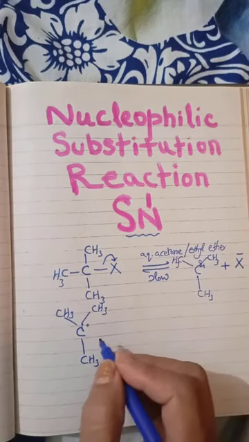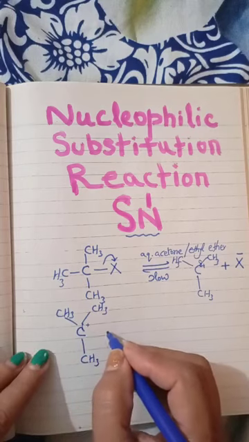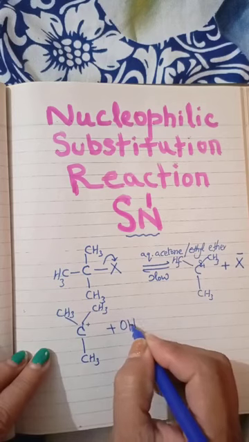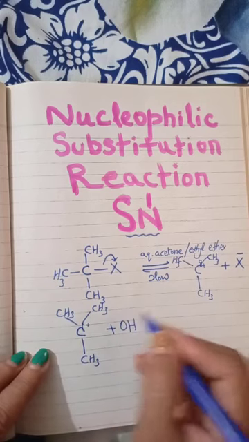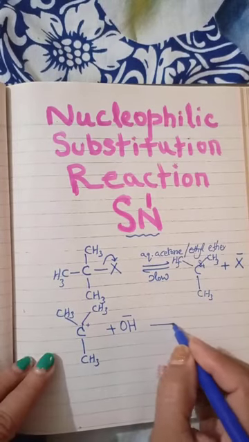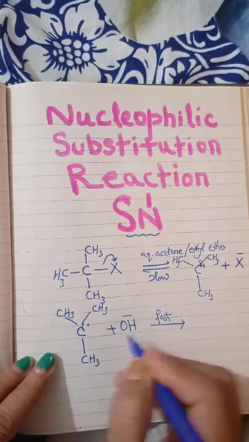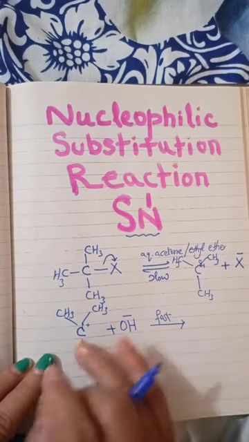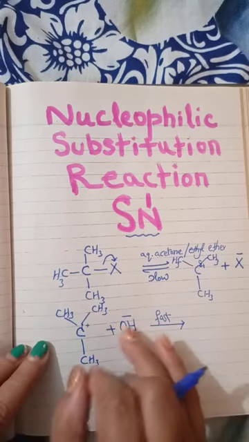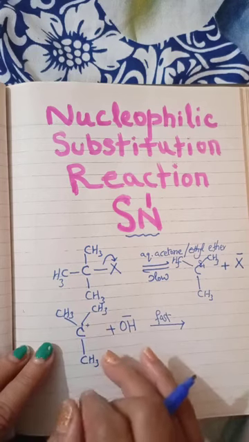Now a nucleophile attacks the carbon which is electron deficient, and this is a strong nucleophile, as you have seen in the previous case, the hydroxyl ion. This step is the fast step. In the fast step, the hydroxyl ion attacks the carbocation and the field is open. It can attack from this side or from that side, from either side.